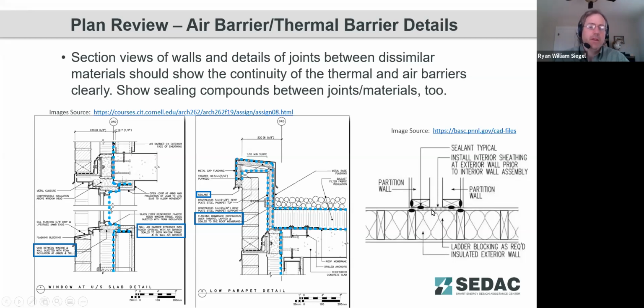And then here on the right hand side, this appears to be perhaps a common party wall separating two units in a commercial building. And so making sure that we're sealing the exterior, but here they've also called for sealants in the party wall to make sure that we're isolating one side from the other.